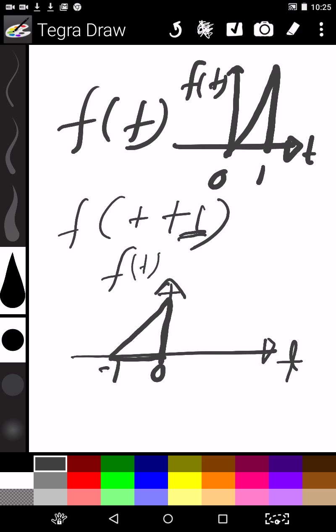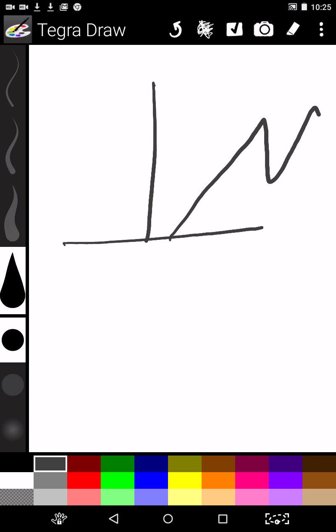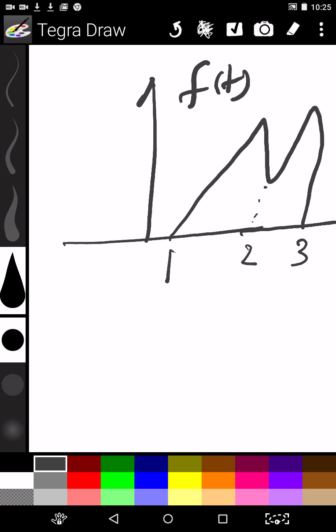Again, here is another example so you can understand better. Let's say this is a signal, with 1, 2, 3 on the time axis. Now this is f of t, the signal.